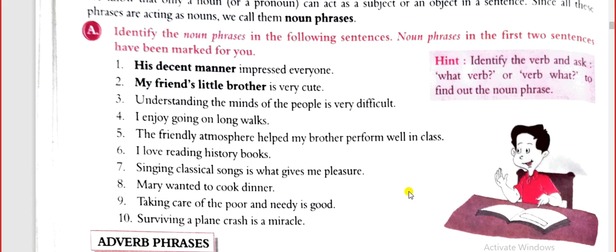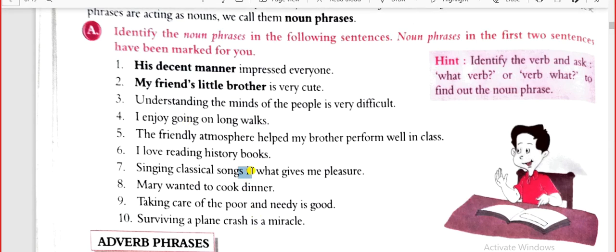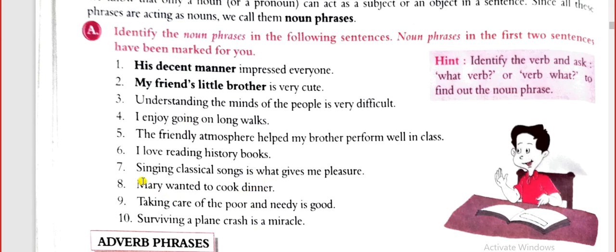Ma'am, singing. तो यहाँ पे गड़बड़ हो रही है. नहीं, this is not the verb, है ना? ये तो एक जीरंड है बेटा. सिंगिंग जो है एक जीरंड है यहाँ पे, ठीक है? Singing classical songs is what gives me pleasure. The verb in this sentence is... Ma'am, is.